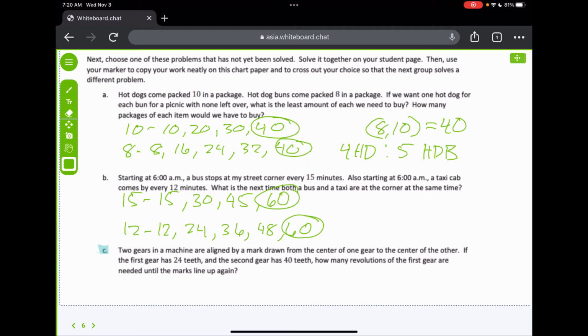So, 60 minutes. Let me write this as, the least common multiple of 12 and 15 is equal to 60. 60 minutes would be 7 a.m., the next time that the bus and the taxi come to the street corner at the same time.